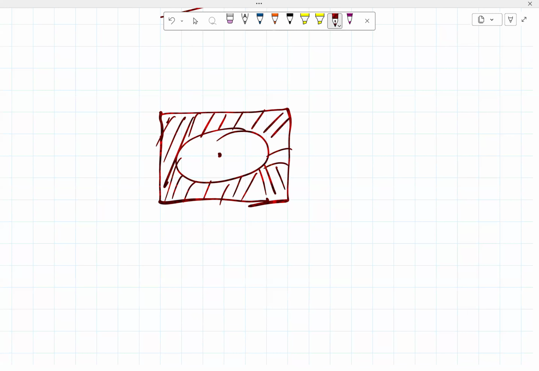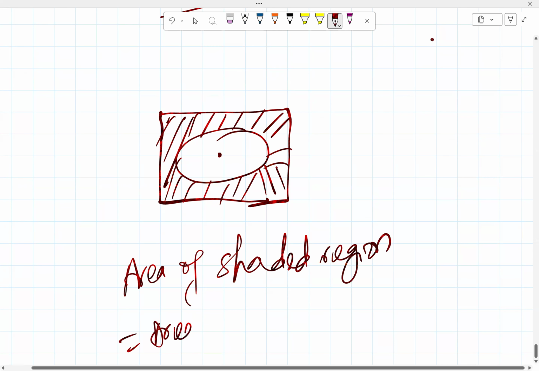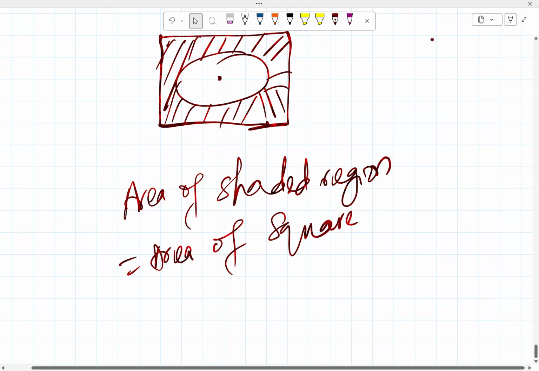So the area of the shaded region is simply going to be the area of the square minus the area of the circle.